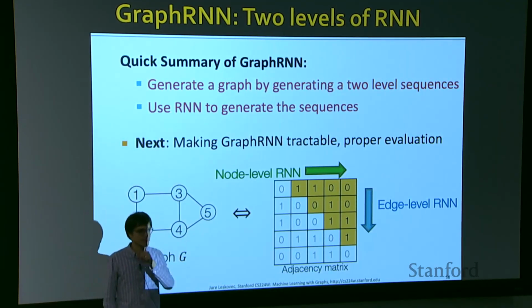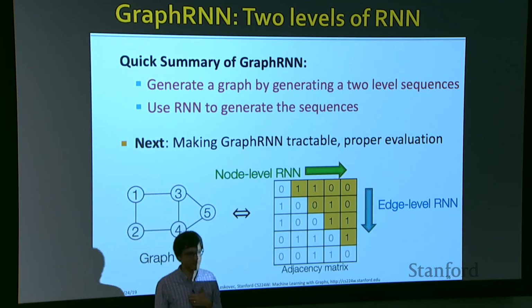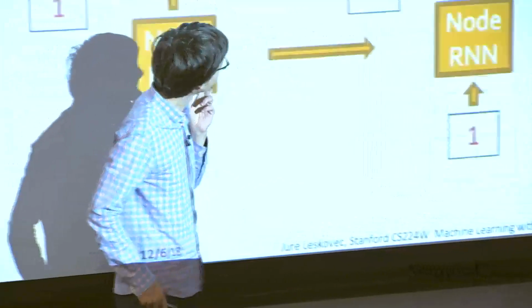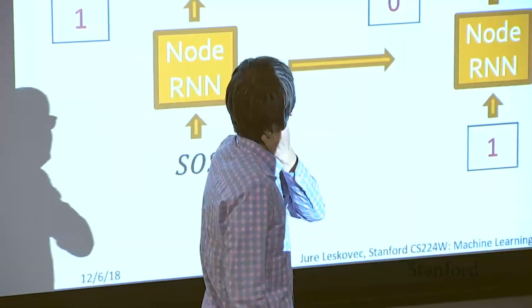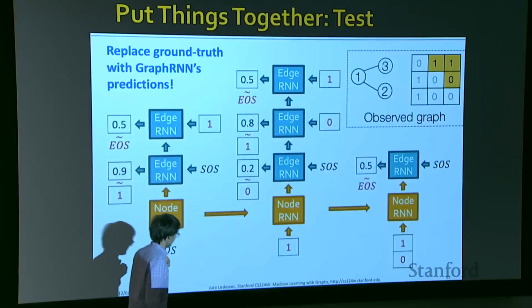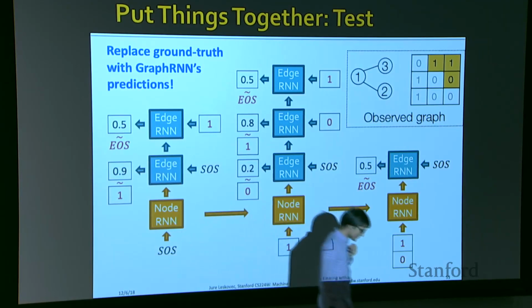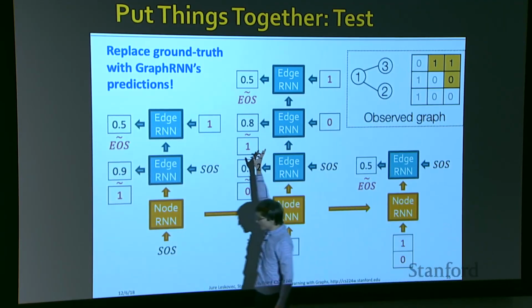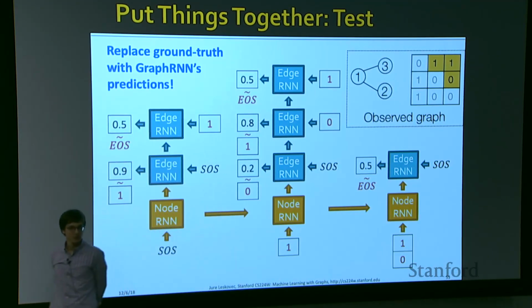Yes? How do we sample the end of sequence token? Because if you can go to the previous slide. Yes, I know. Because this is the probability of having an edge or not an edge. Yes, so you can think of it differently. It will depend on exact implementation details.